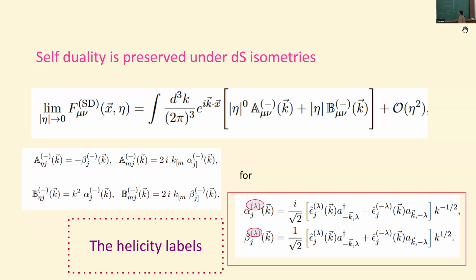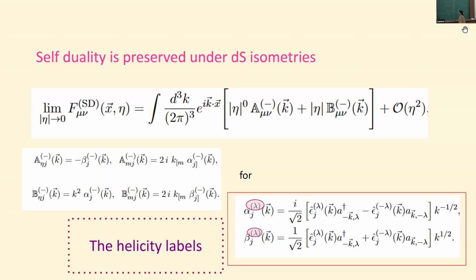Now we can read off these, and everything will involve the alphas and betas from before. So comparing the full expression, we identify the labeled alphas and betas.